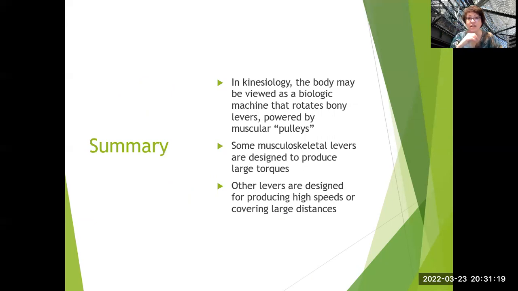Very important for functional activities. Other levers are designed for producing high speeds or covering large distances, like reaching up to get something. We want to do it quickly and we want to cover a large distance. So when we talk about all the different levers, all different muscles, we will talk about what type of lever action is happening at an individual joint.